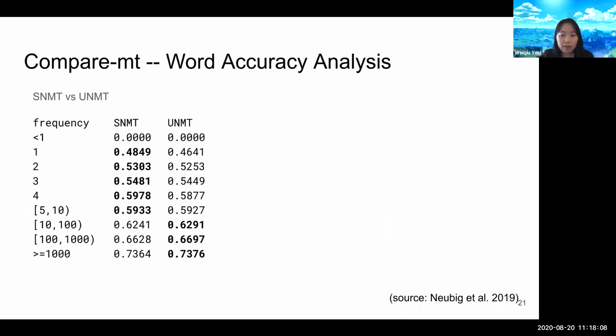We also look at CompareMT, which is a tool for quantitatively analyzing the differences between corpora. We can see that UMT has higher word accuracy for high frequency words, while SNMT has higher word accuracies for low frequency words.